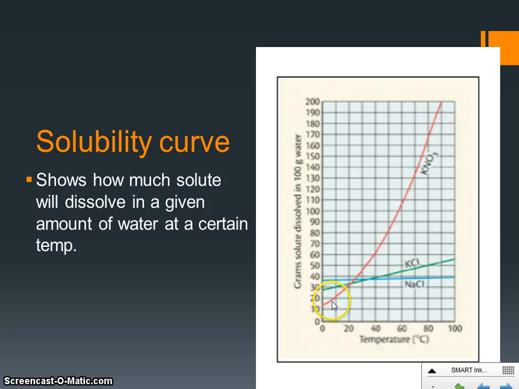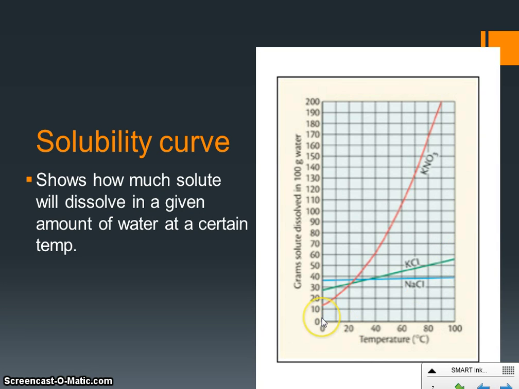Now, each different solute will have a little bit different curve. So this only applies to the chemical KNO3. If you want to know about NaCl, you have a different line you're going to look at. And if you want to look at KCl, here's another line you can look at.